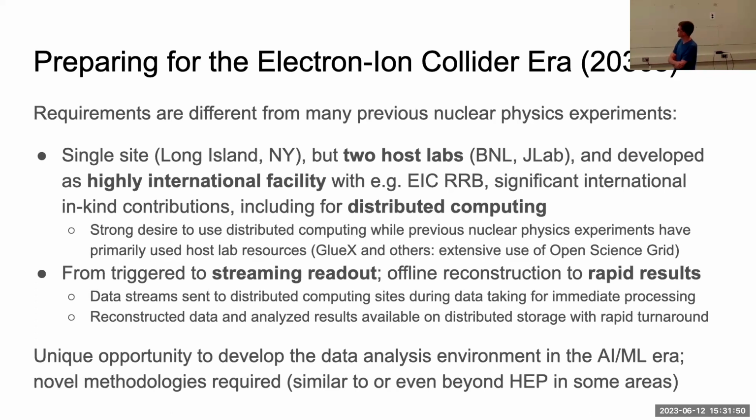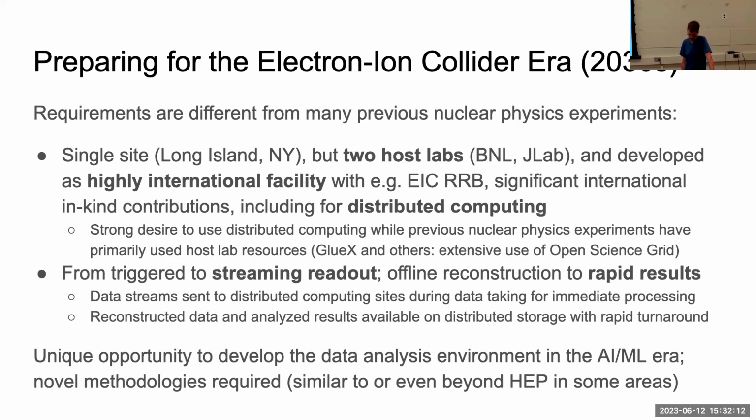The other part of this distributed computing model is that we're going to streaming readout. So we don't want to have runs that we then have to reanalyze or reprocess, but we want to have essentially everything flow through to rapid turnaround time with results.